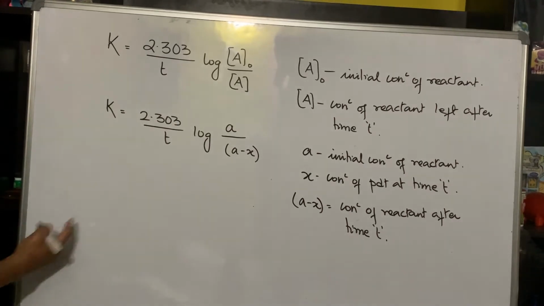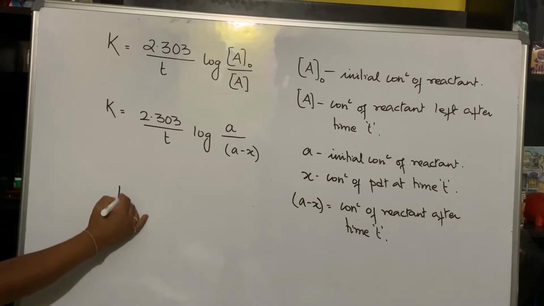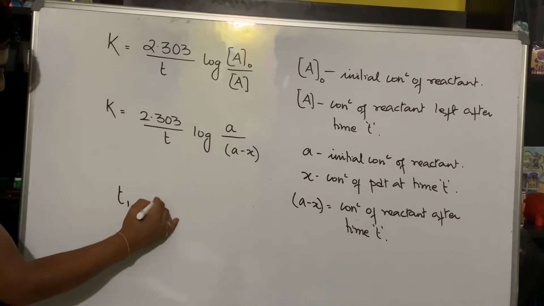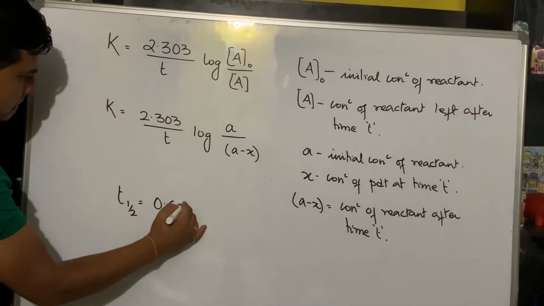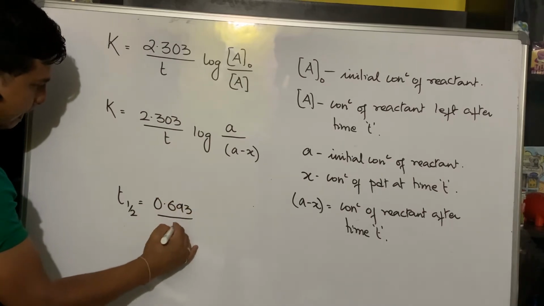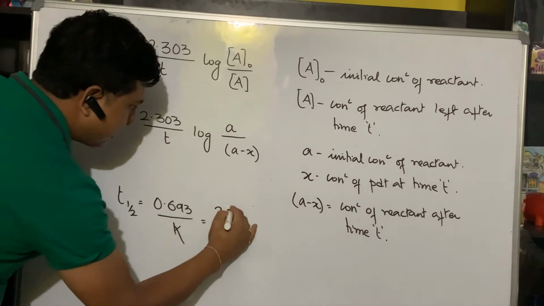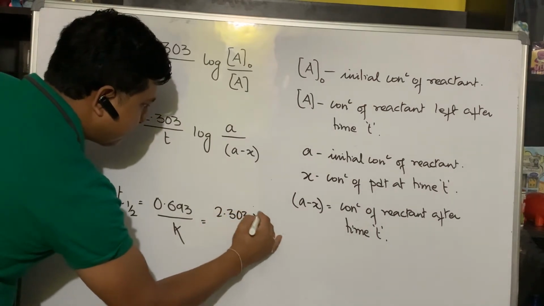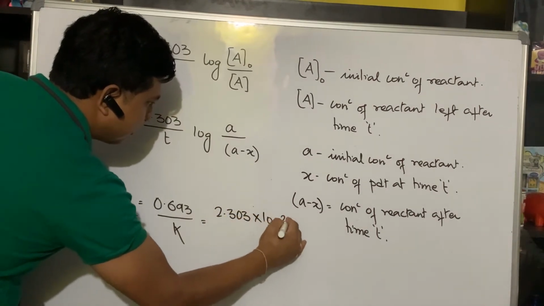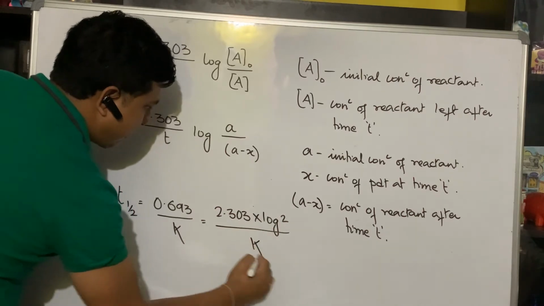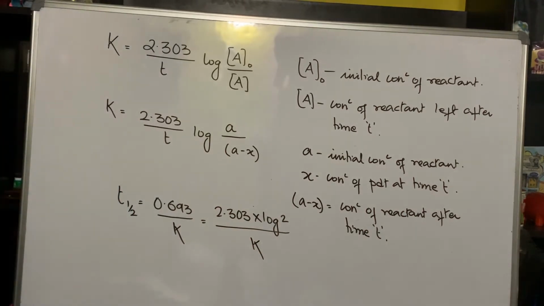And what was the expression for half-life period? The expression was T half equals 0.693 by K. And how did you get this 0.693? Remember, 2.303 multiplied by log 2. If I multiply the value of log 2 with 2.303, I get 0.693.